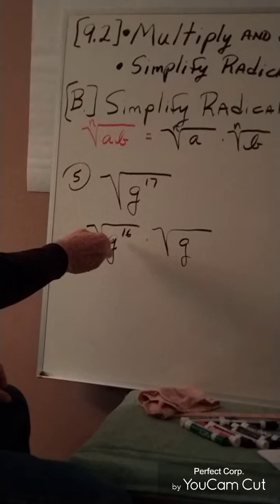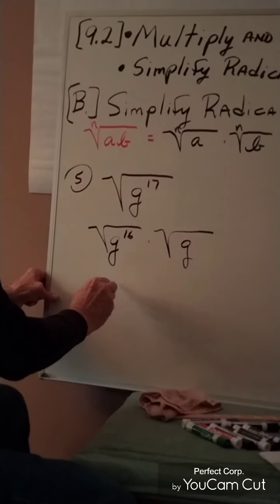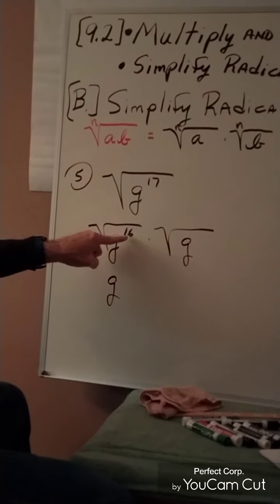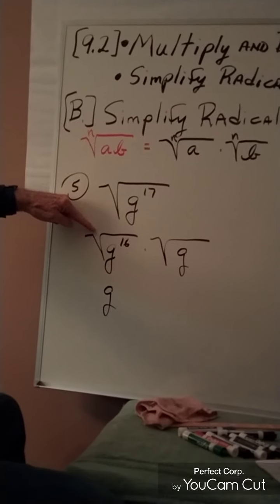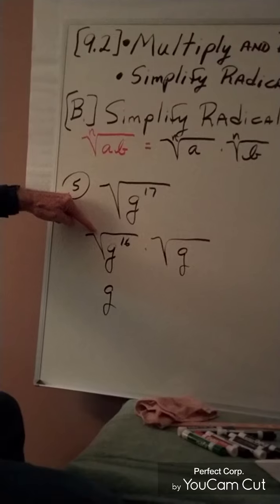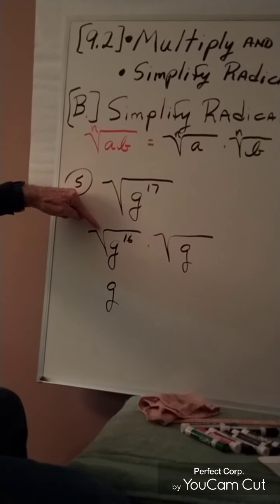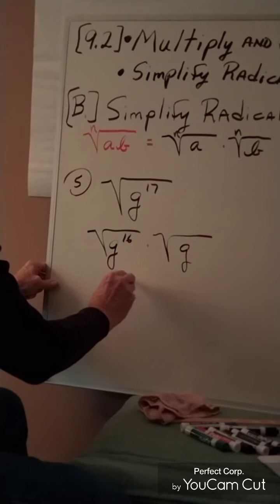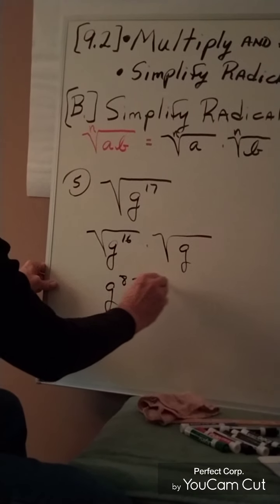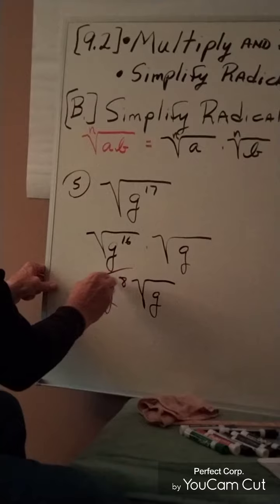Now he's a perfect square. Bring down the g. Take your exponent of 16 and divide it by the index of 2. 16 divided by 2, or merely cut 16 in half. You'll have g to the 8th multiplied by the radical of g. Done.